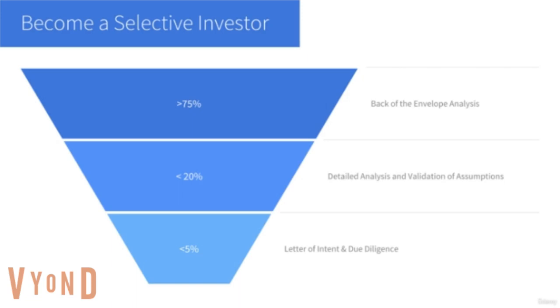Now, if you're at a very selective firm, that might even be less than 5% that gets this detailed treatment. Ultimately, you want to invest in less than 5% of the deals that you evaluate. That's less than 1 in 20. If you're ultra selective, it might even be lower than that.